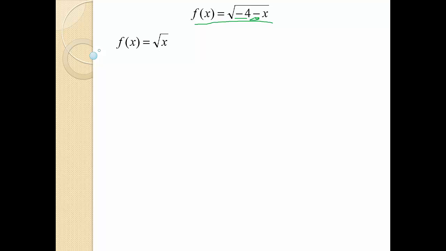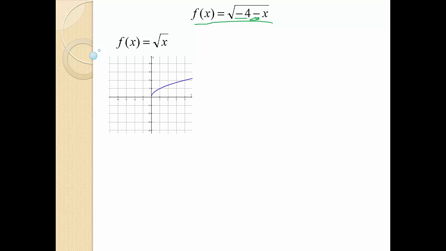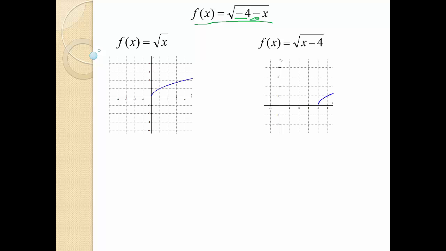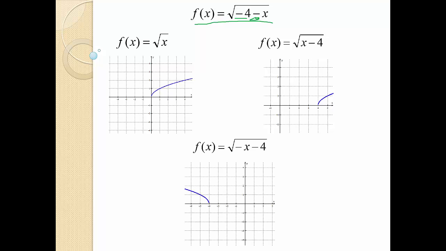All the changes are on the inside, so these are all horizontal changes. This is a -4, so that's 4 to the right, and then a minus is going to mean a horizontal reflection. So there's the original. There's 4 to the right. And then put in the reflection. Now we get that.